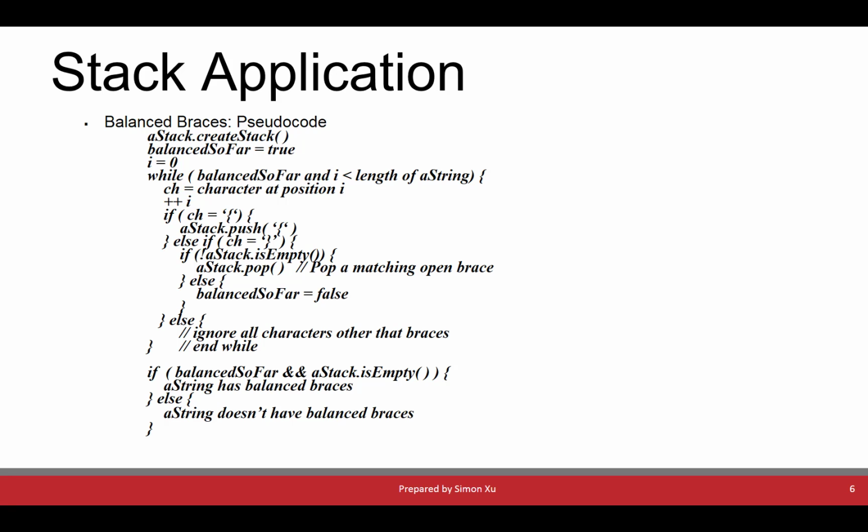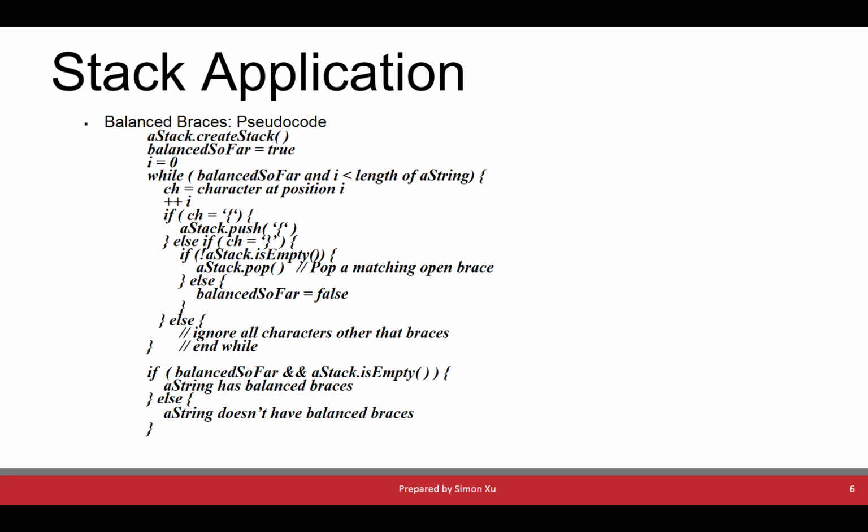We start at position 0 of the string and go from left to right. Process each character unless we reach the end of the string or the brackets are not balanced. That's why we have two conditions in the while loop. We take one character at a time.